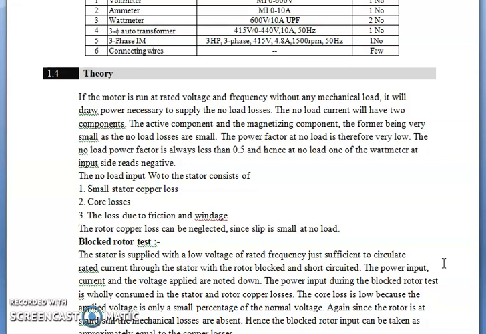This machine draws no load current to overcome these losses. Usually the machine will operate at low power factor at no load conditions. Whatever input power is fed during no load condition has three components: stator losses, core losses, then loss to overcome friction and windage.